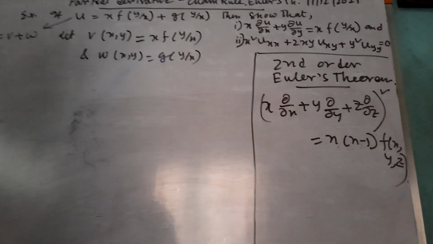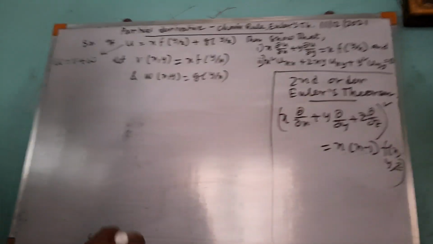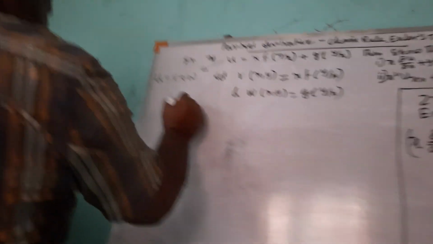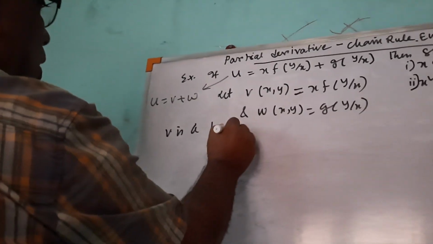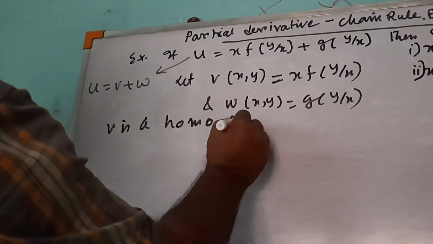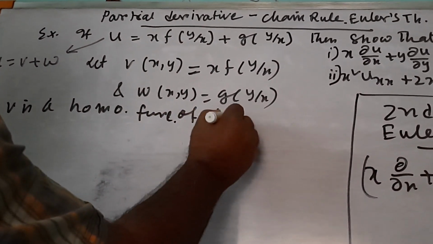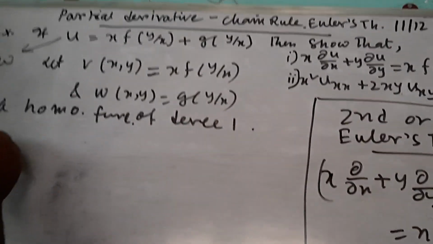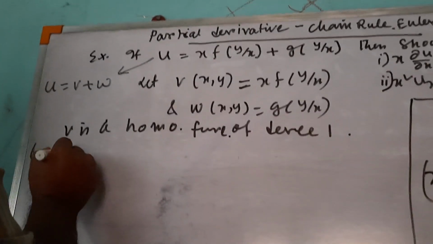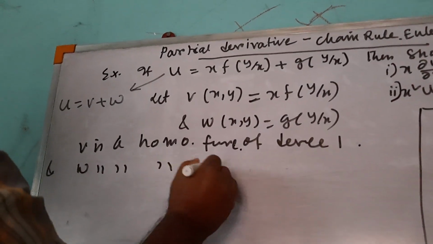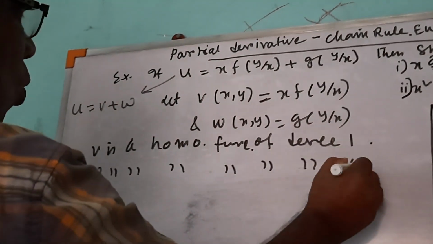So I am explaining now: here v is a homogeneous function of degree 1, and w is a homogeneous function of degree 0.